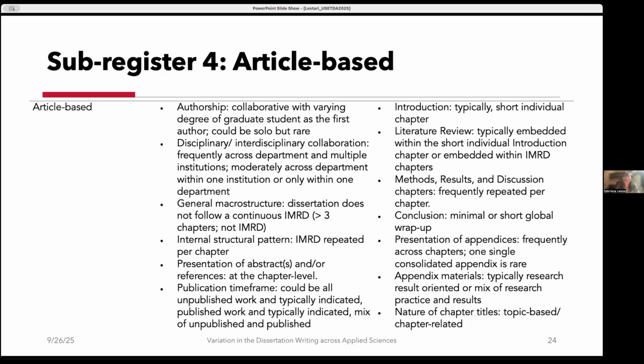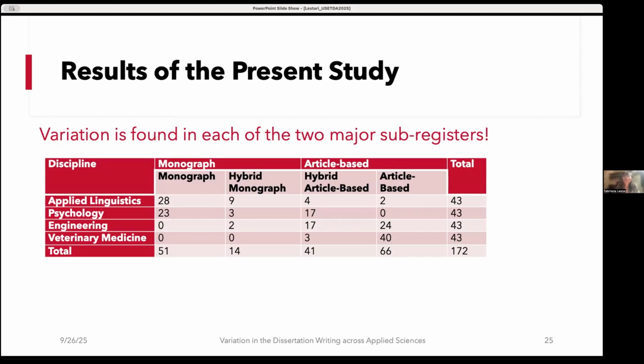So the highlight here is that based on my coding of situational and textual characteristics, I found 4 subregisters within one discipline, that is applied linguistics, and it shows that the writing actually varies. And here is the recap of the variation that I found. If we look at the numbers, the applied linguistics field is dominated by the monograph dissertation, followed by the hybrid monograph, hybrid article-based, and article-based.